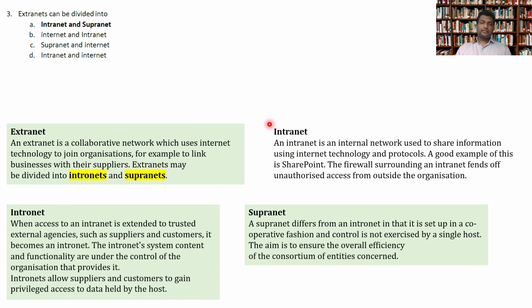Now if you look at this intranet first, this is the first step of your information system in the organization. Intranet is something that is only available inside the organization to do the day-to-day process. So we can call it an internal network, or intranet.